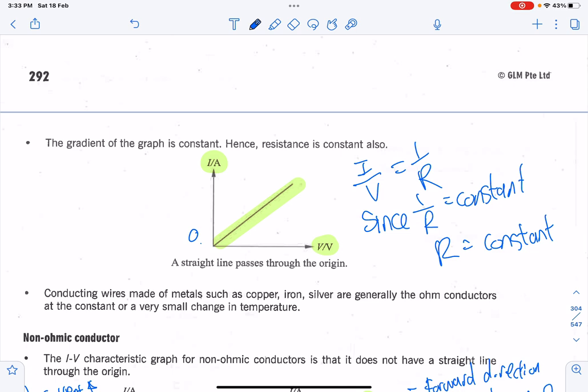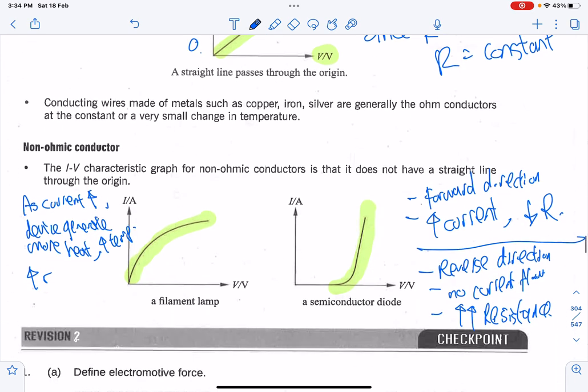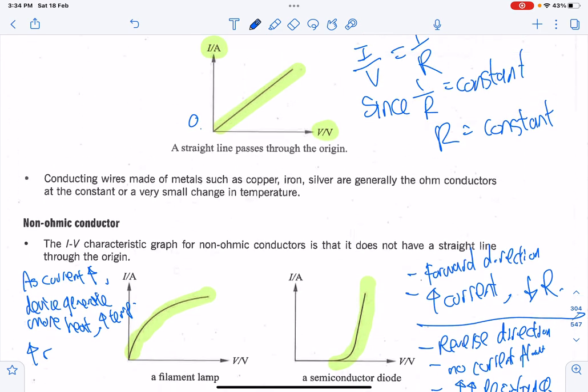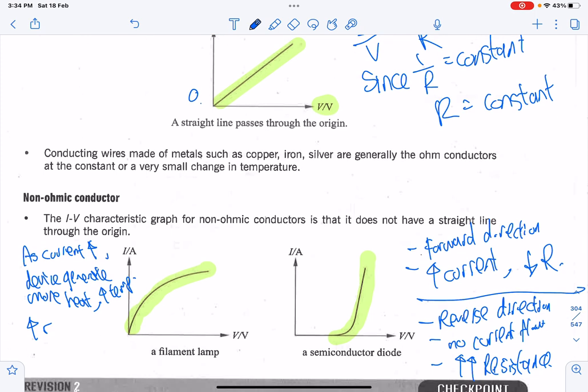The conducting wires made up of metals such as copper, iron and silver are generally ohmic conductors, with a constant or very small change in temperature. A non-ohmic conductor, on the other hand, is the opposite, meaning it does not always behave in a straight line, because as current increases, it tends to generate more heat, and therefore temperature increases and resistance increases.